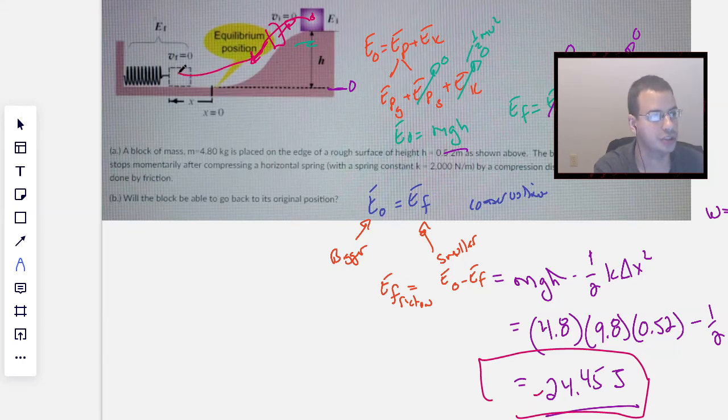Then it converts that kinetic energy into potential energy in the spring, and the spring kicks it back up, converting back to kinetic, and then back up to potential due to gravity. Since we lost some energy to friction, we're not going to be able to get the same height as before, because some of the energy that we converted over to the spring is not going to all be converted back into gravitational potential energy. So it's not going to reach the same height.